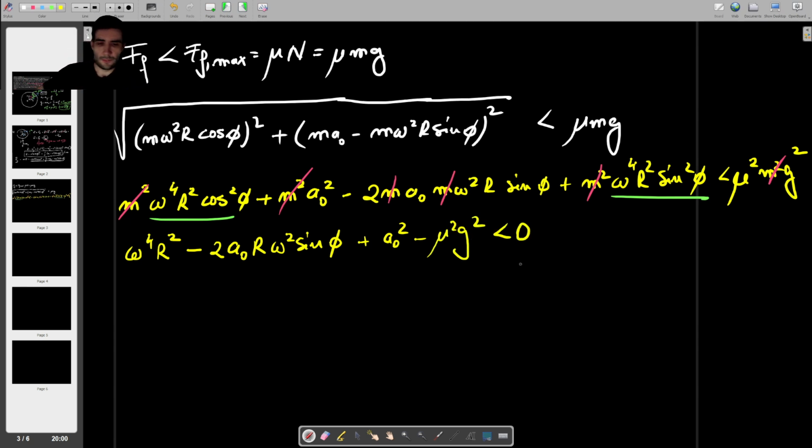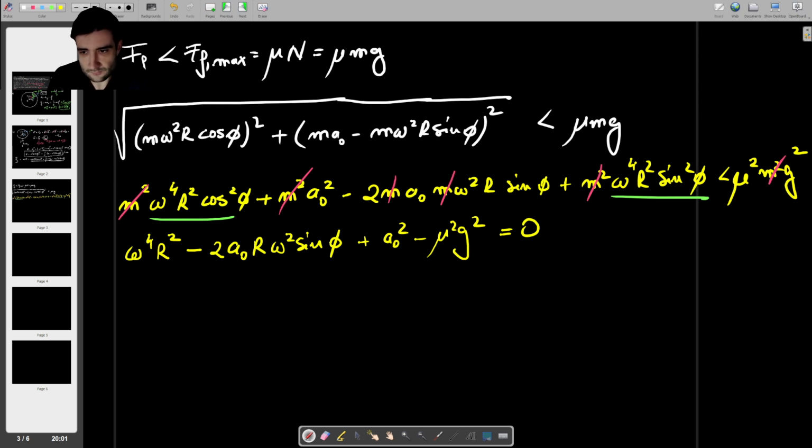Okay, so we keep having this inequality here, but what I'll do instead is remove the inequality and replace it with an equality, making this equal to 0. The reason is that I want to find the actual critical velocity, which gives me maximum frictional force, which causes slipping.